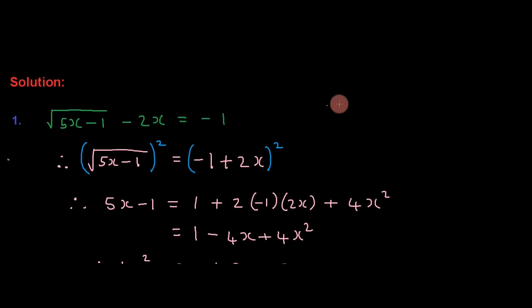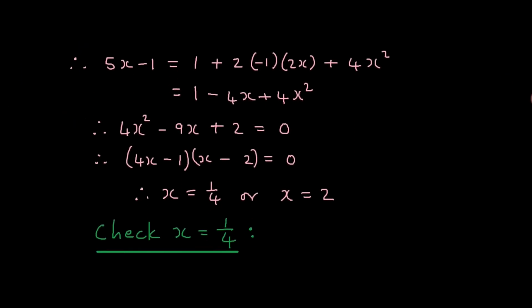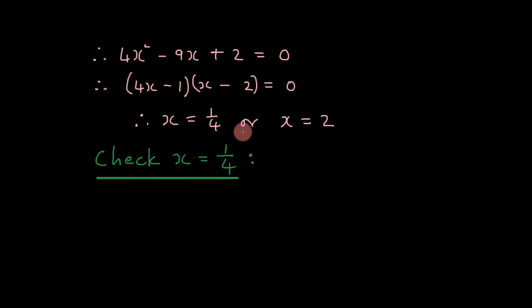And recall that the original equation was the square root of 5x minus 1, minus 2x, equals negative 1. So then substituting x equals a quarter into the left-hand side of the original, it's the square root of 5x less 1, less 2x.